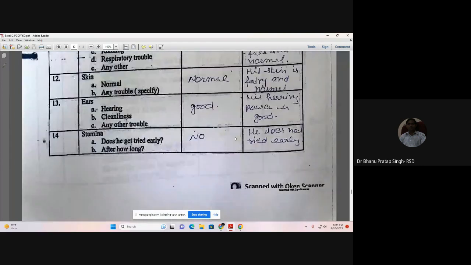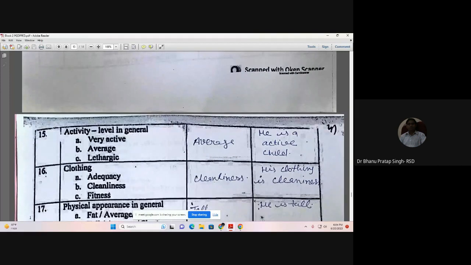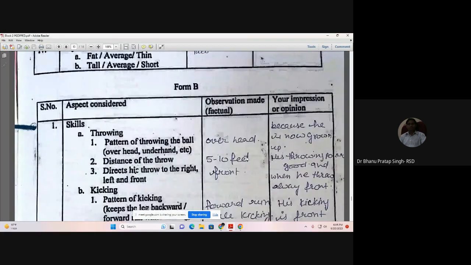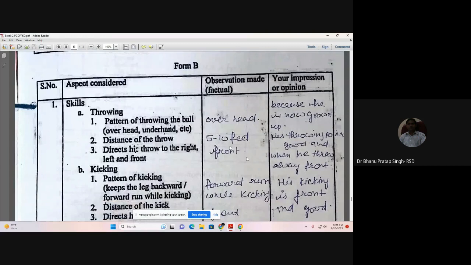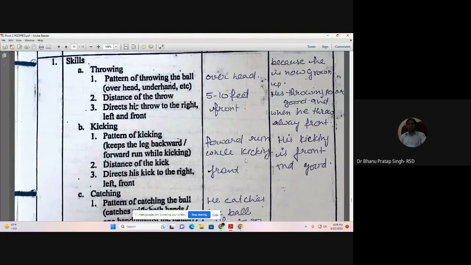After writing all this information of the child, even in the form B, there are two forms, A and B, as I showed in my previous slides. And these are some activities: throwing overhead, the child is throwing the ball 5 to feet, and he is taking a kind of front.